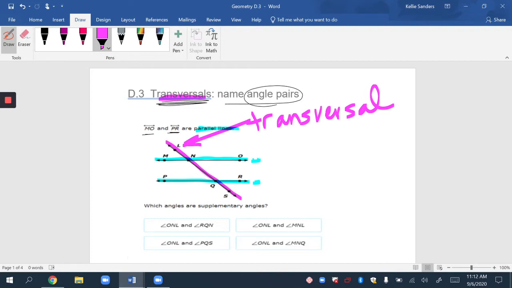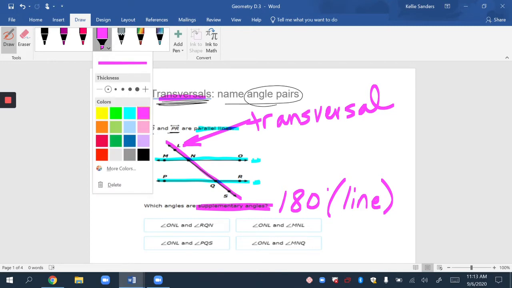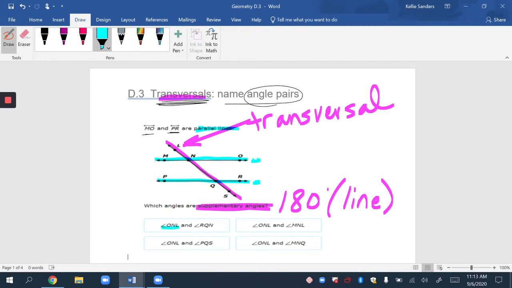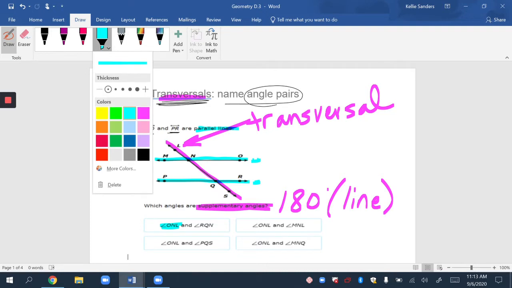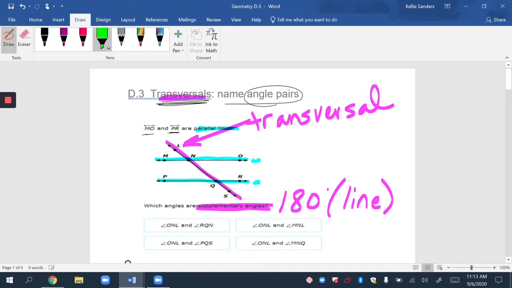Name angle pairs. Okay, so supplementary. Remember what supplementary is? Two angles that make 180 degrees, or a straight line. So let's change colors. No, I don't want that color because I've already used it on this problem. Here is angle ONL.